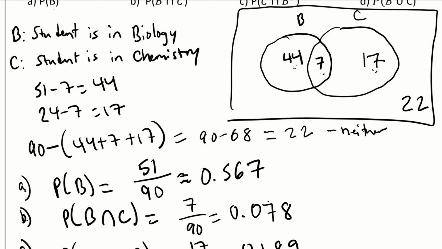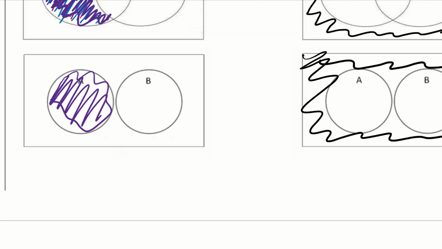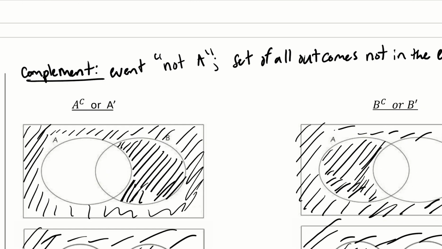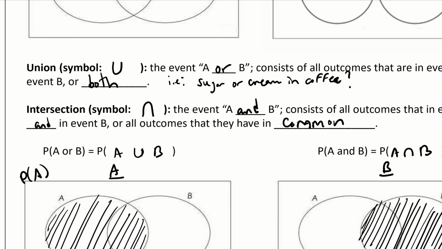I will also mention real quick that sometimes we refer to union as disjunction. And we refer to intersection as conjunction.